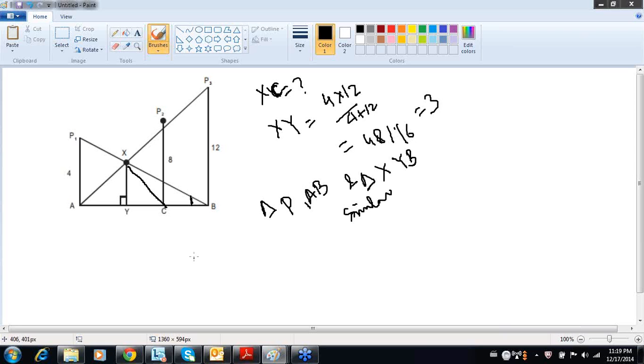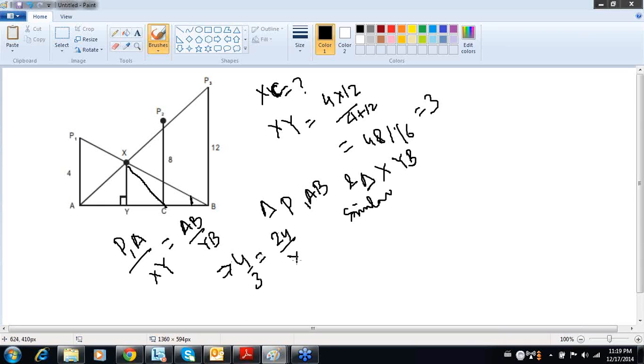So these two are similar triangles. So just equate the value of the sides. So P1A upon XY will be equal to AB upon YB, which implies 4 by 3 will be equal to 24 upon YB, or YB will be equal to what?